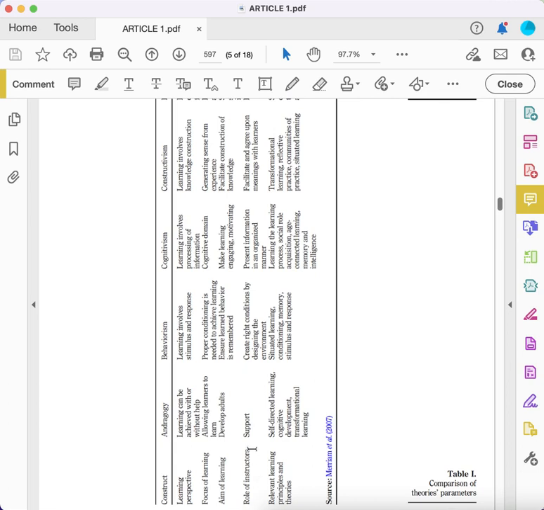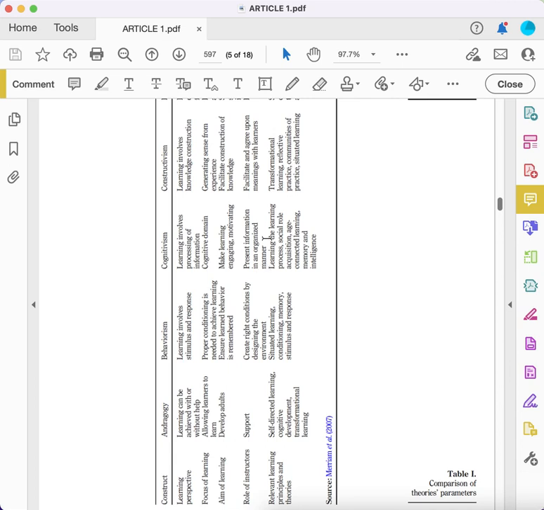That's the most practical part of this, because what do I do is the question that we have in the education world: what does this theory say someone should do? And so that last area, andragogy, is support. You're supporting the learner in whatever their goals might be, whereas behaviorism is creating conditions, that entire environment that surrounds the learner so that they are set up for the most success.